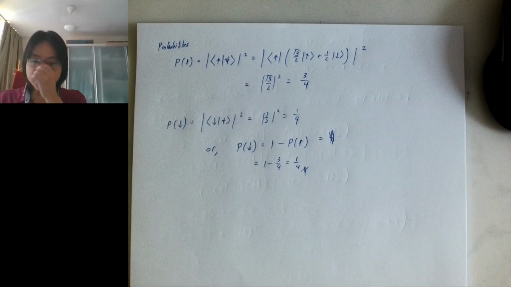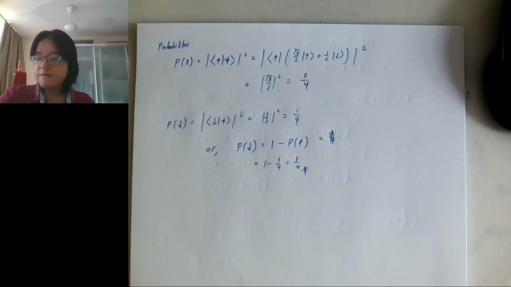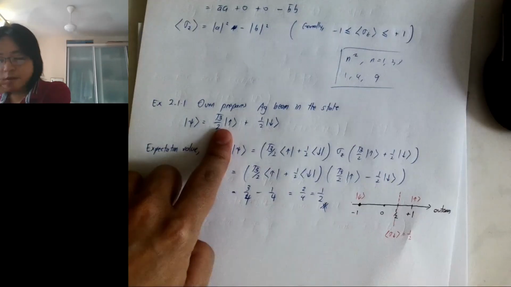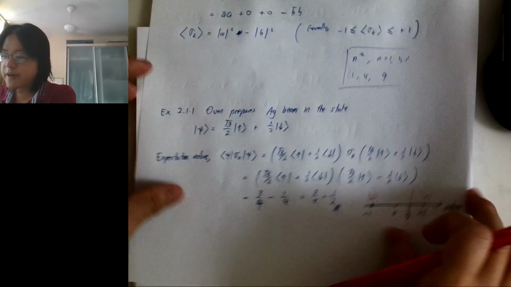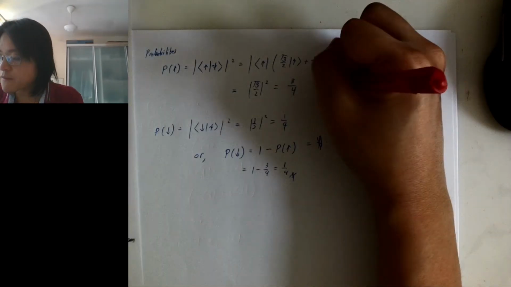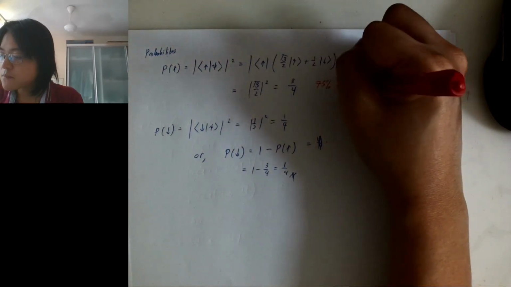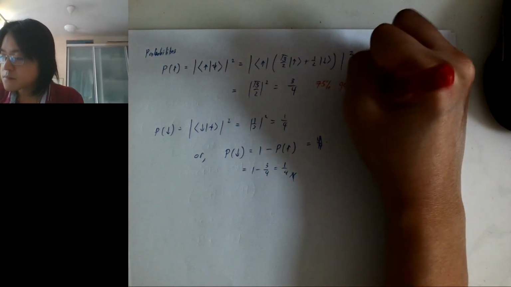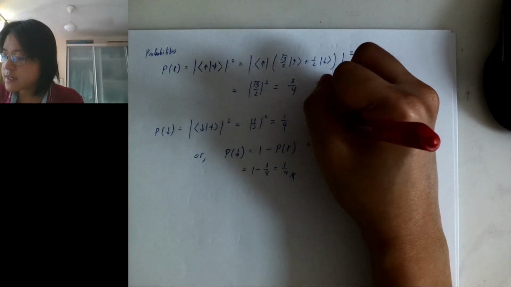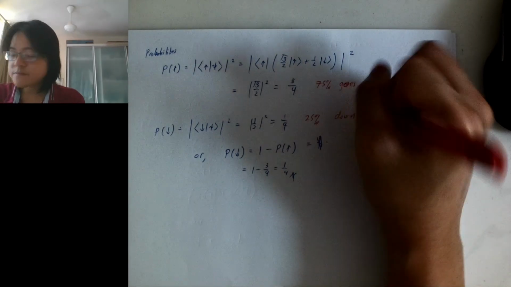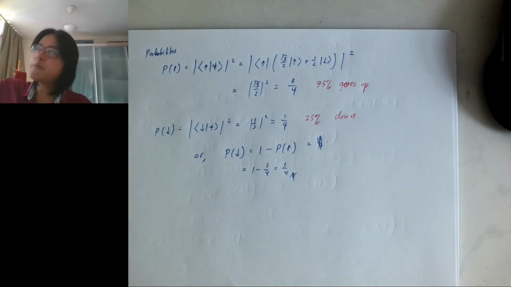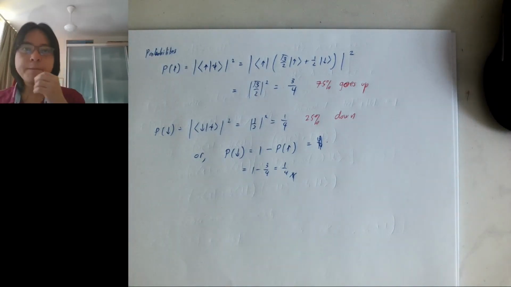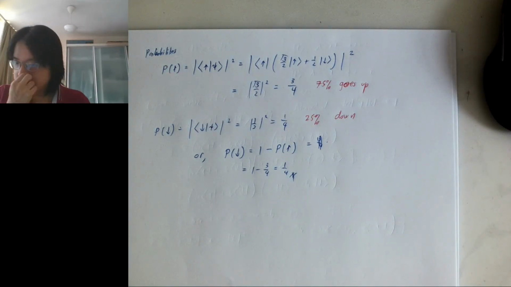Okay, so for this state, we find that 75% of the beam goes up, and the other 25% goes down. So the upper beam has more atoms than the lower beam. This is in the superposition state.